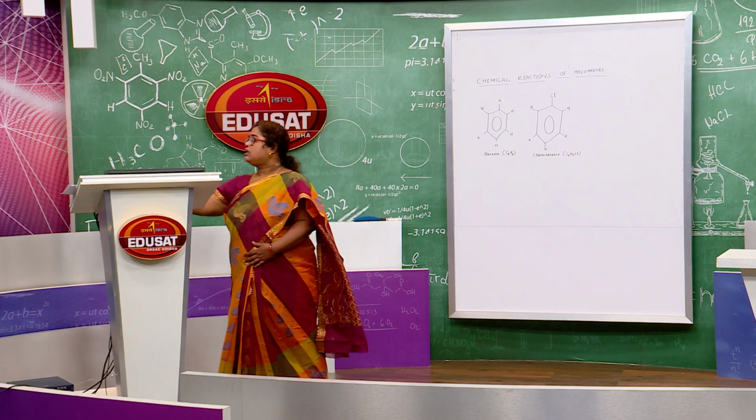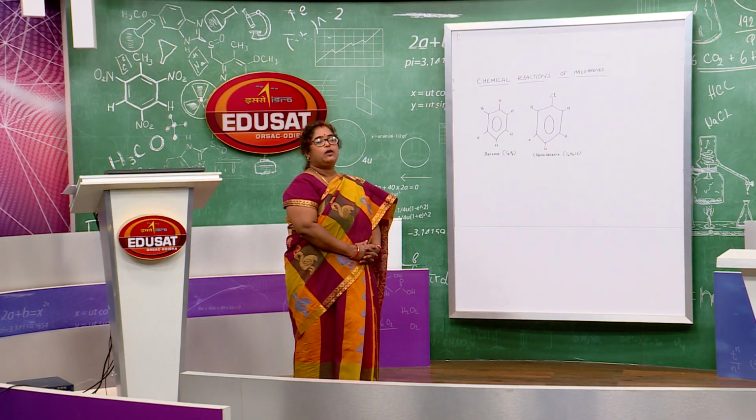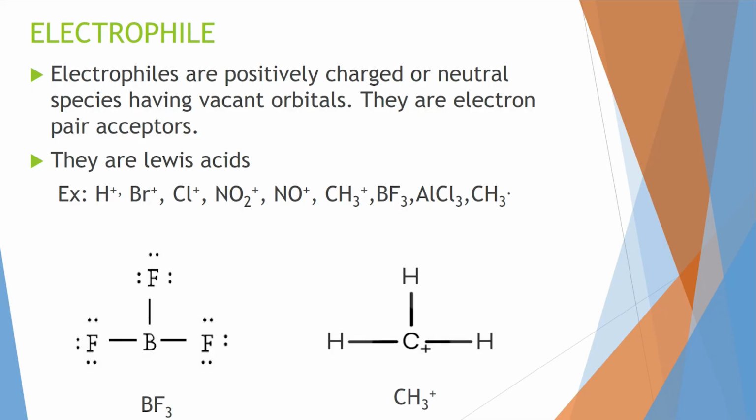Then come to the next slide, the electrophiles. What are electrophiles? Similarly, split the word: electrophile, electron loving. Electron is a negatively charged thing and phile means loving. So, those species which love electrons, which love negatively charged species, which ones will love them? Those which have a positive charge, they are the electrophiles.